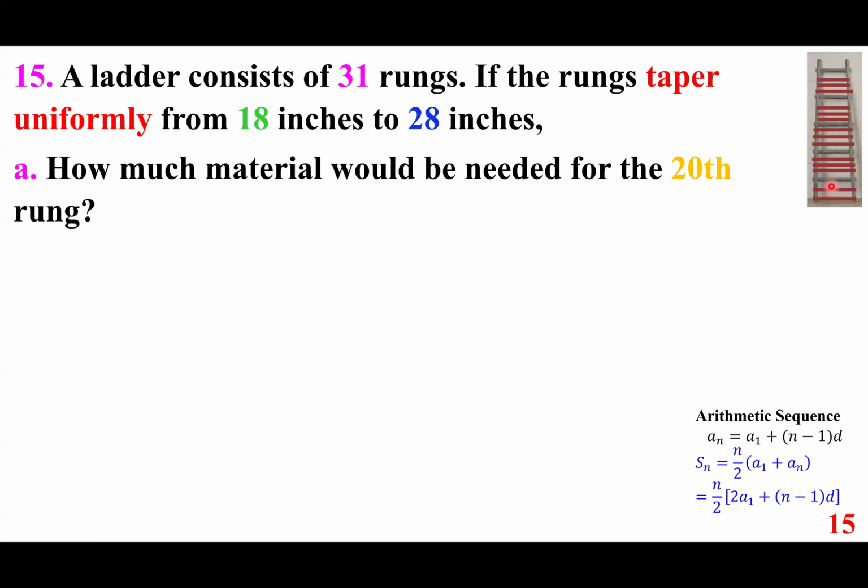We have 31 of those: 1, 2, 3, 4, 5. This is obviously just an example of a ladder. And it goes from the smallest one, which is 18, to the largest one, which is 28. And because it tapers off uniformly, you can use the arithmetic sequence because we are adding or subtracting a constant. That's why.